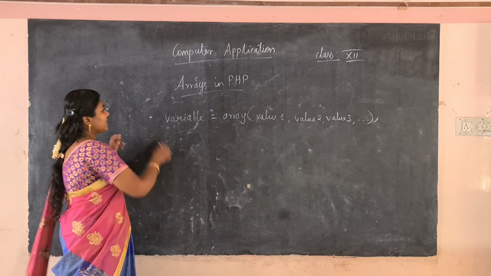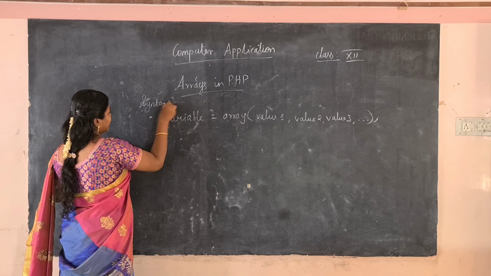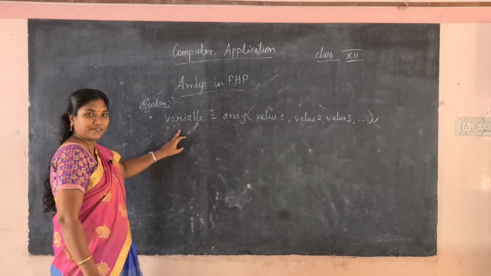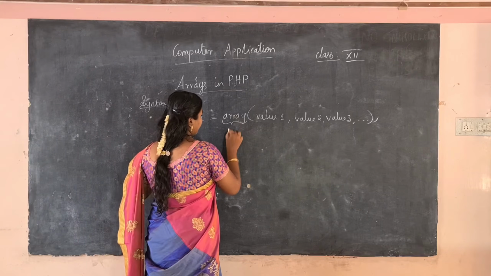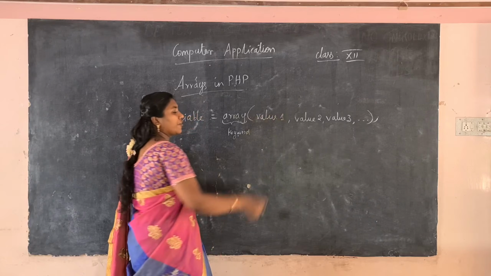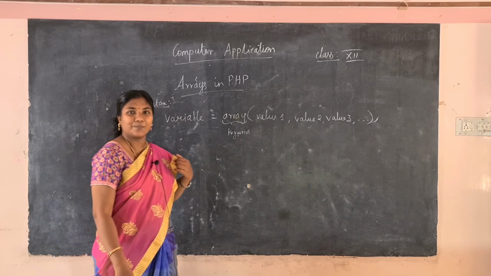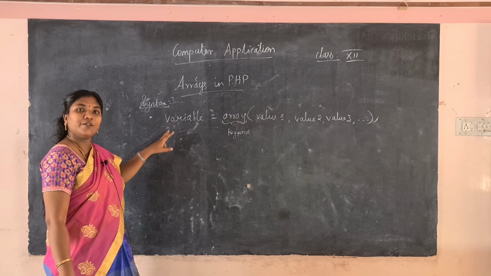This is the syntax for creating an array. This word array should be written as such, and in the brackets you give the values, separated by commas.